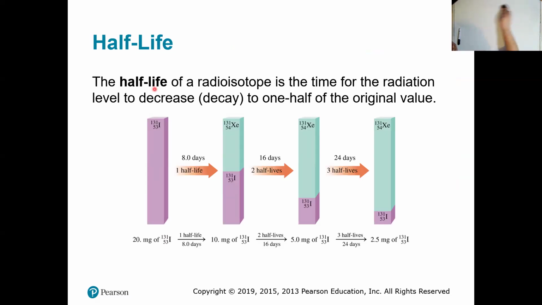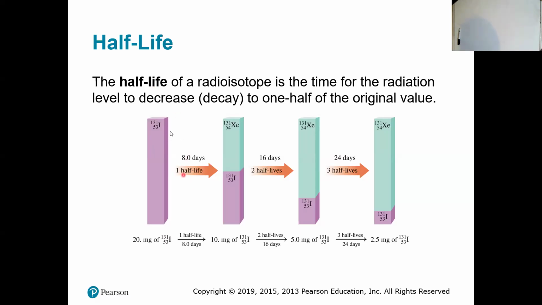A half-life is the amount of time that it takes for 50% of the radioactive material that was initially present to decay. Whatever value of radioactive material you start with, the amount of time it takes for 50% of that to decay is going to be our half-life.